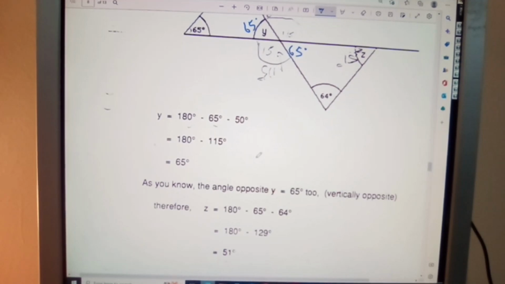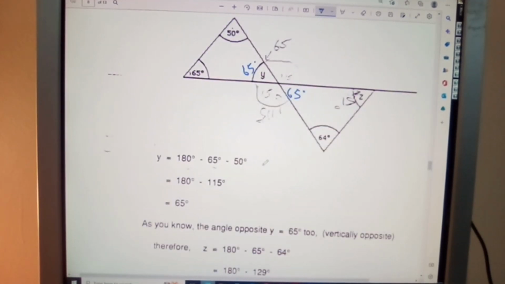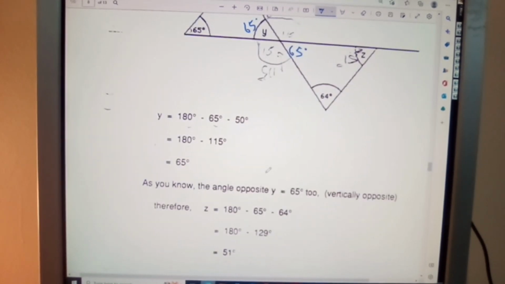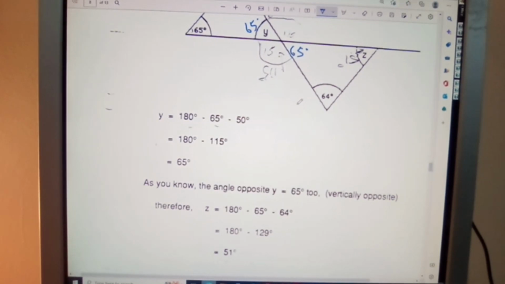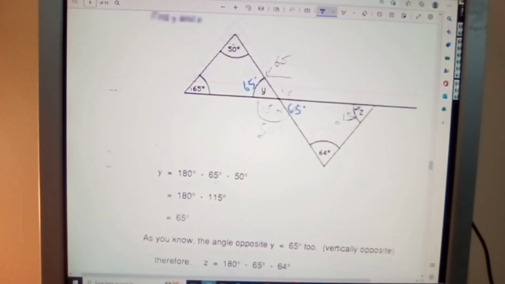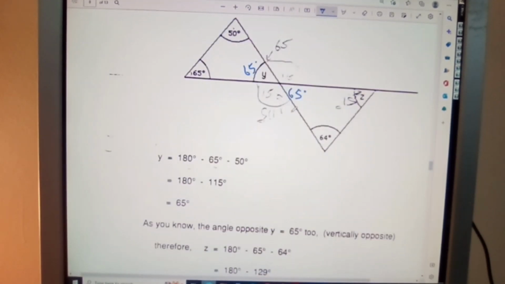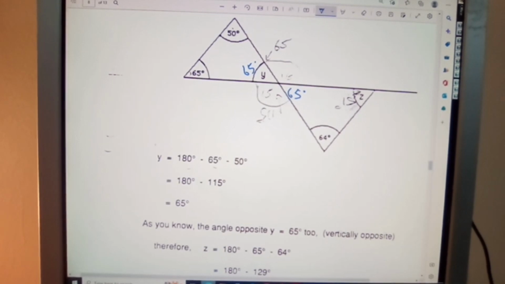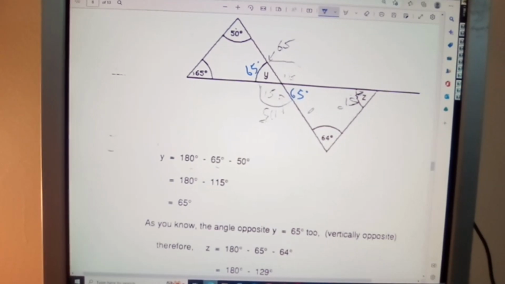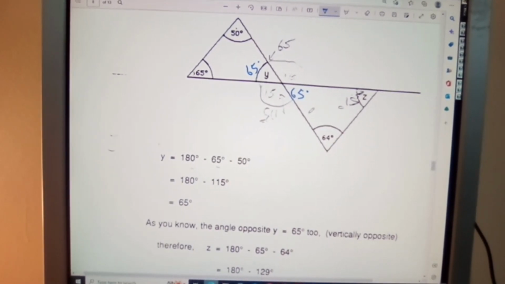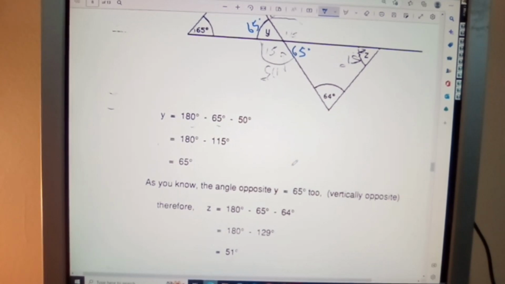As you know, the angles add up. Therefore, z equals... 60 plus 60 is 120... If I'm looking for z, we know that's 65, that's 64.